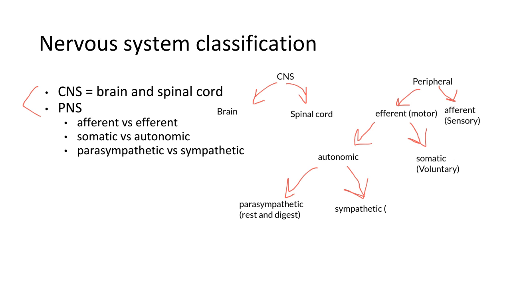That's our adrenaline. That's our fight or flight system. Right? When we're embarrassed or we're scared, that's what's kicking into gear. So these are the divisions of our nervous system. Again, central versus peripheral. Central just contains our brain and spinal cord and nothing else. Peripheral contains those afferent and efferent nerves, the sensory and motor nerves. Efferent being broken into somatic and autonomic, and then autonomics being broken into parasympathetics and sympathetics.